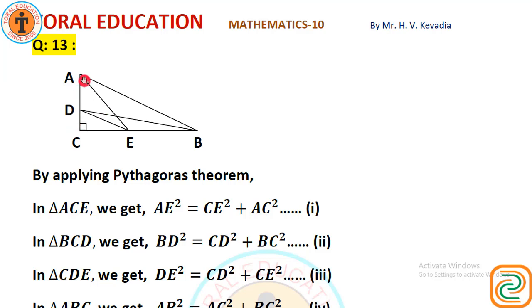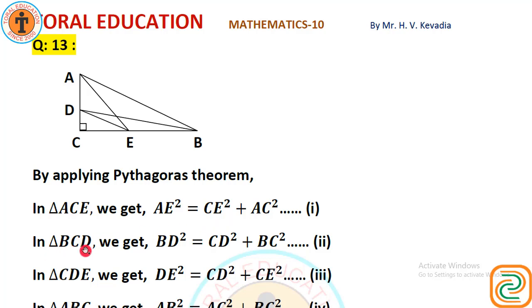Look here. Triangle ABC, right angle at C. Applying Pythagoras theorem in triangle ACE, we get AE square equals AC square plus CE square.